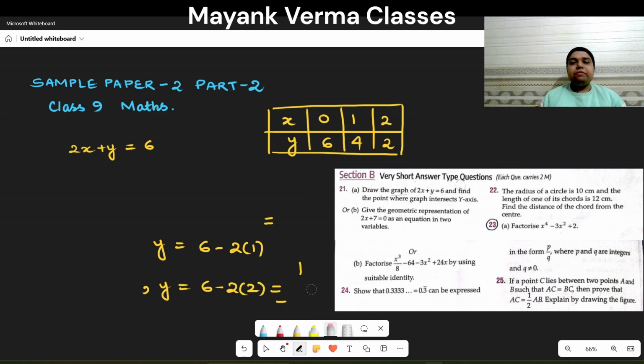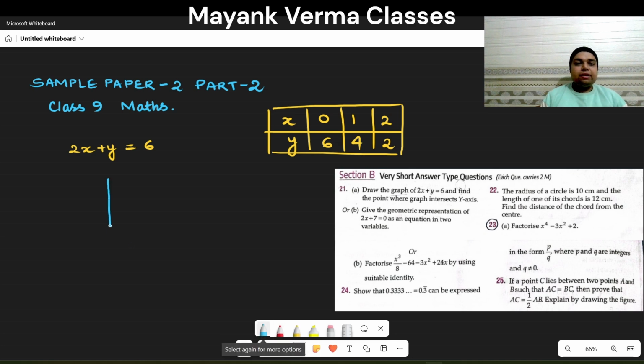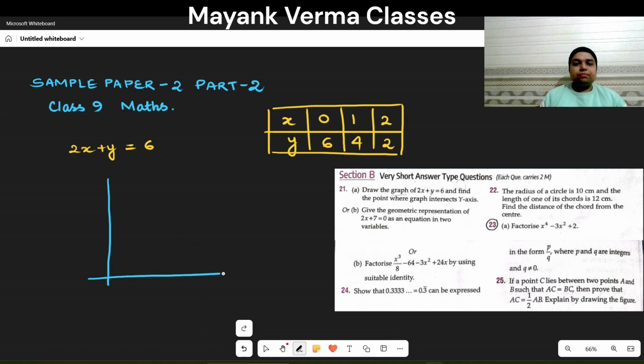We will put these coordinate points on the graph. So let's say this is my x-axis, this is my y-axis.